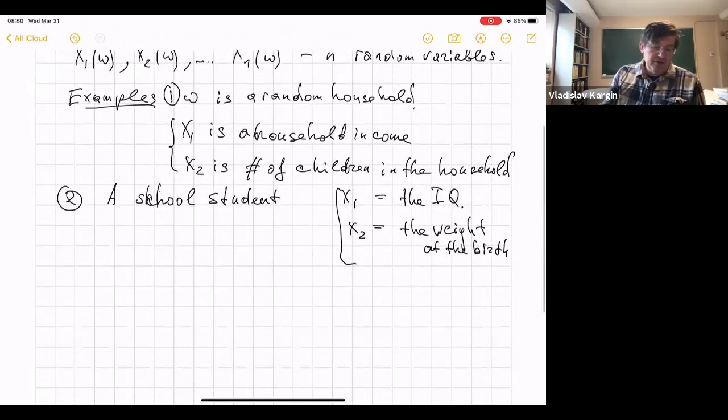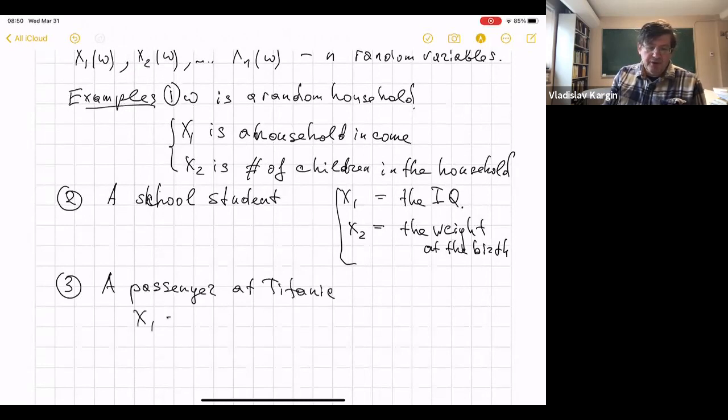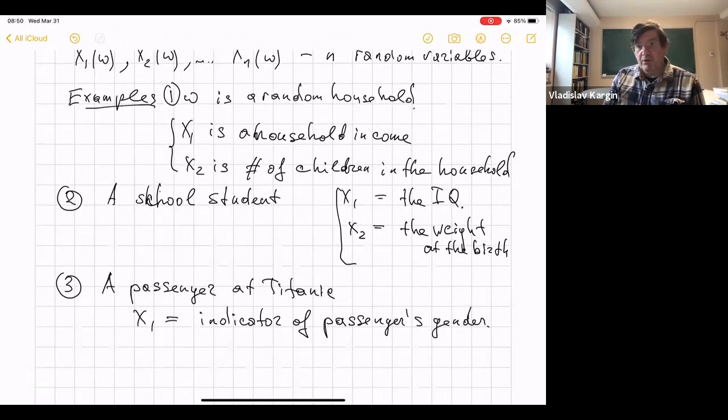Another example could be a passenger on the Titanic, and X1 is an indicator of the passenger's gender, so whether it's a female or a male.